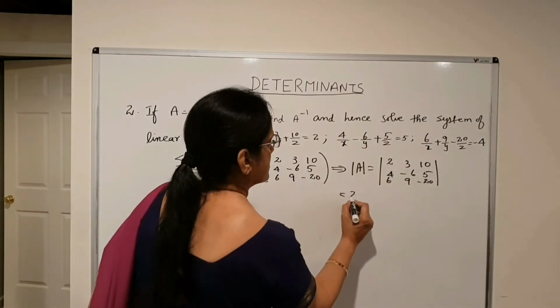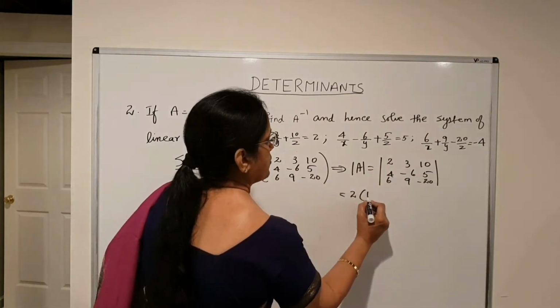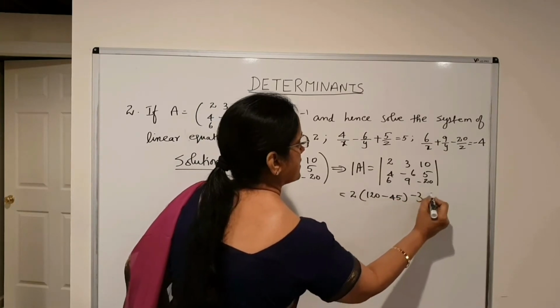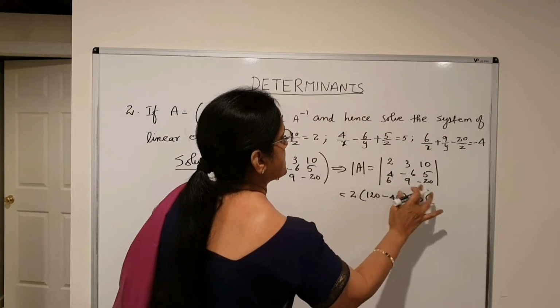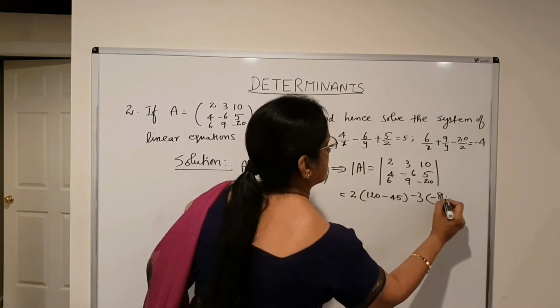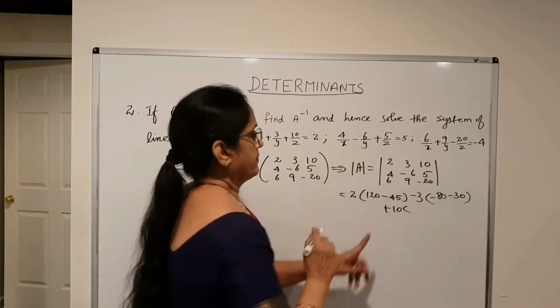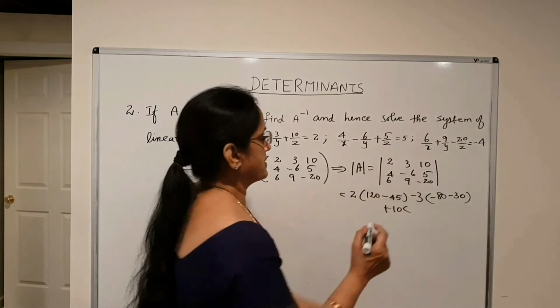I will be getting 2 into minus 6 into minus 20, which is 120 minus 45. Minus 3 into, leaving the first row and second column, I will have minus 80 minus 30. Then plus 10 into, leaving the first row and third column, I have 36 plus 36.